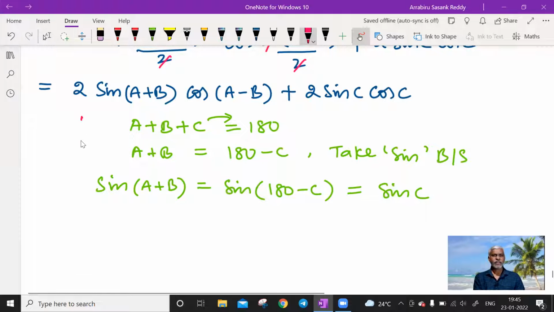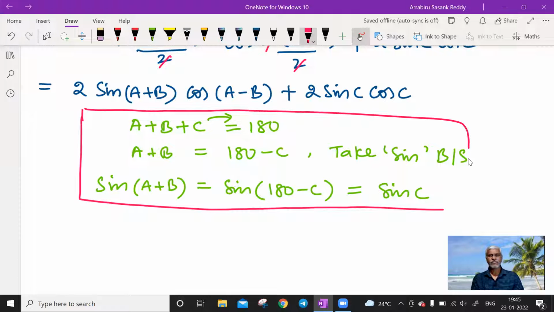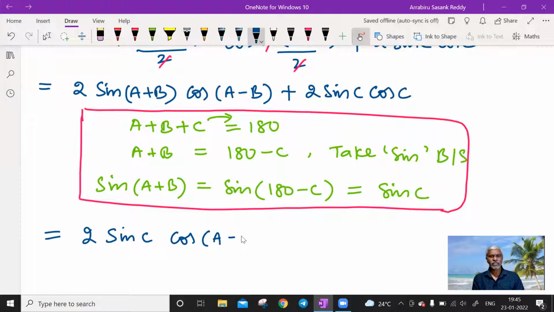Now writing sin(A plus B) as sin C, we change this one: in place of sin(A plus B), write sin C, and the remaining terms stay as they are with no change.